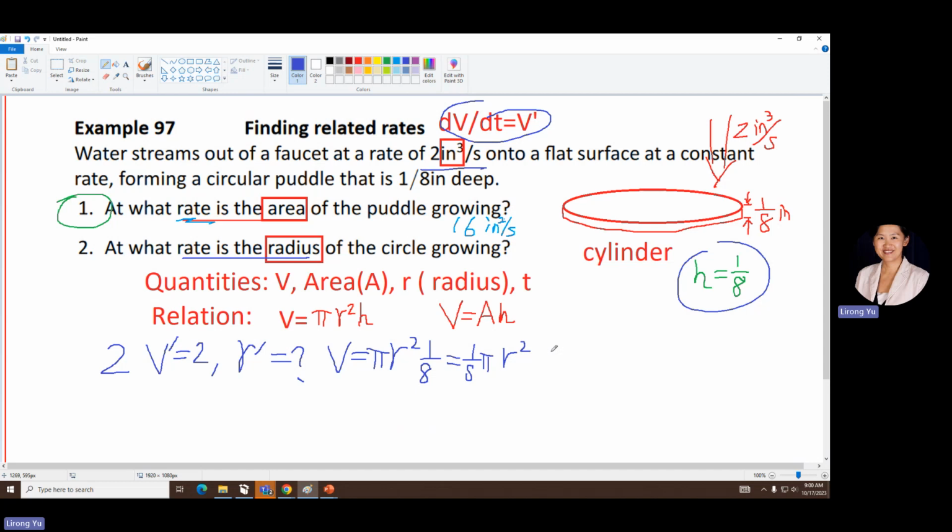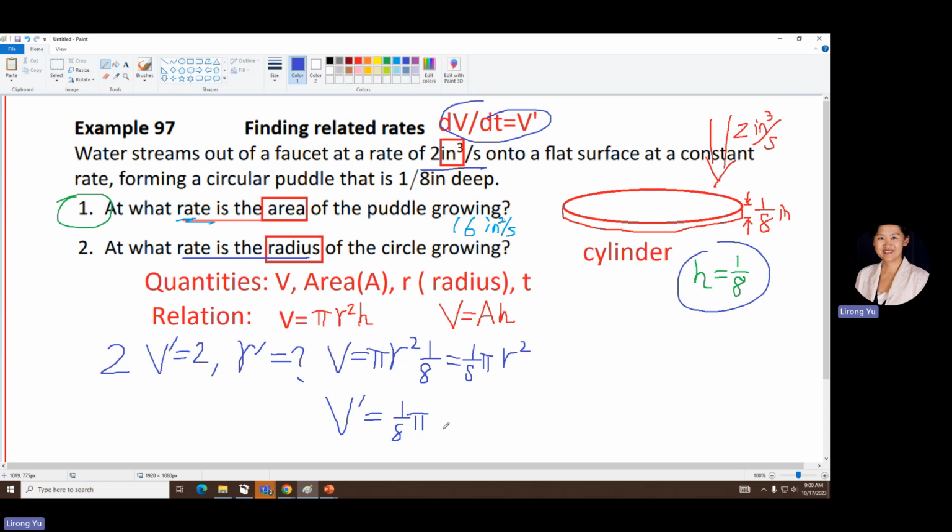If you find the derivative of the left side, it's V prime. If you find the derivative of the right side, it's going to be 1/8 times pi, which is just a number. And this is really related to implicit differentiation. R is not a constant number. It is a function; it changes through time.